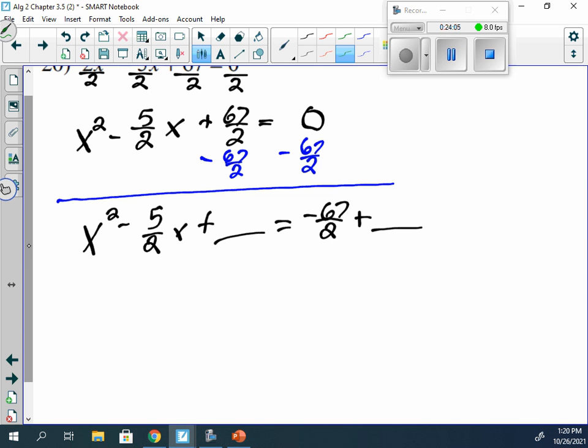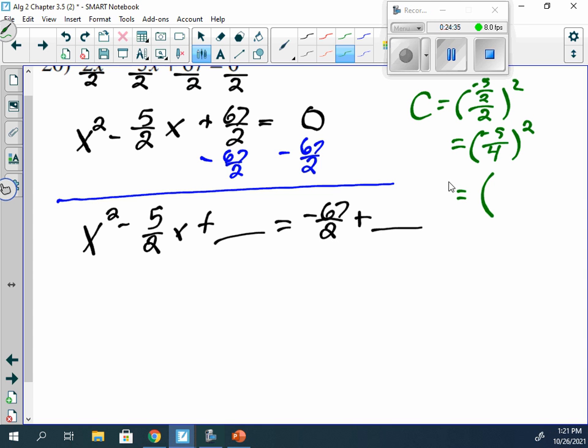What was the next step? We had to find the value of c. Well, c is equal to b over 2 squared. What's the value of b? Negative 5/2. So we need to take negative 5/2 divided by 2, which is negative 5 over what? 4.